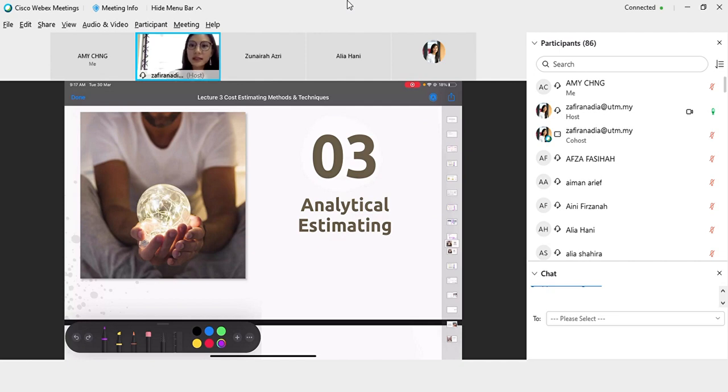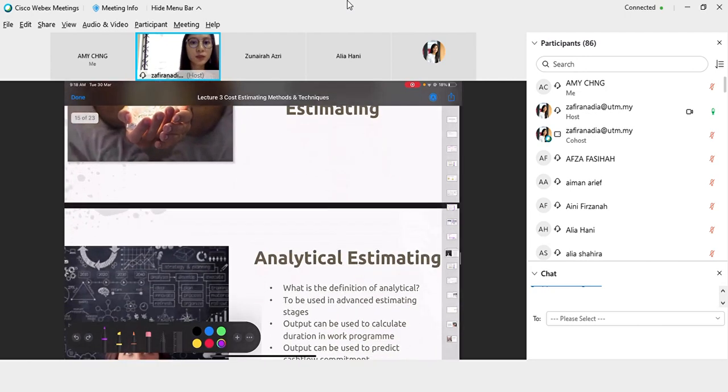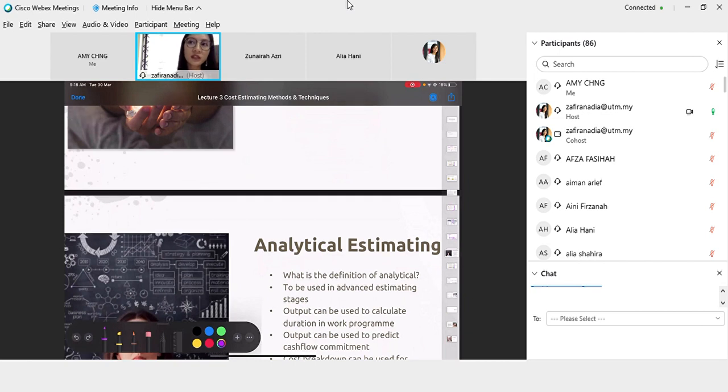Analytical estimating is the most detailed of all, super detailed. We use analytical estimating to prepare a detailed cost estimate, and the output would be the tender price, the price we put in the BQ when submitting a tender. This is more applicable to those who work in the contractor's firm, because the contractor, the construction organisation, is the one who writes the prices in the tender and the BQ. That's why they do this a lot.